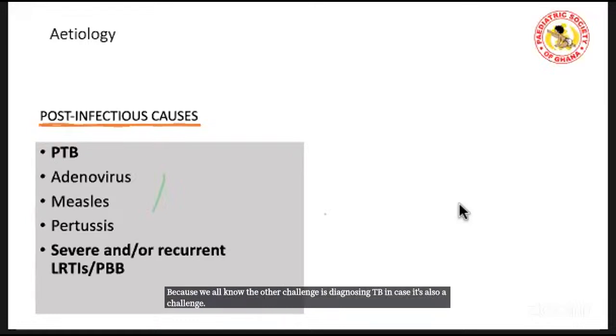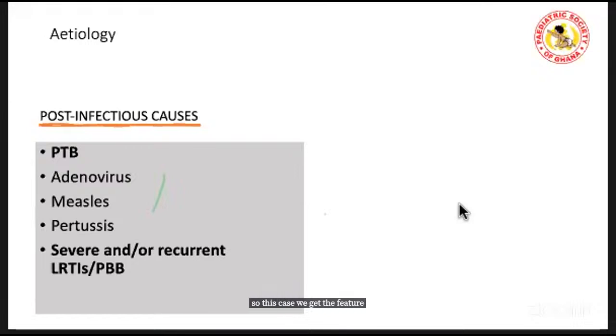So these kids will get repeated courses of anti-TB, but most likely they're having complications from the initial TB. So we should always think about post-TB lung disease, bronchiectasis, and then manage appropriately. They may not need another course of TB. It's just a consequence of the initial TB that they had.